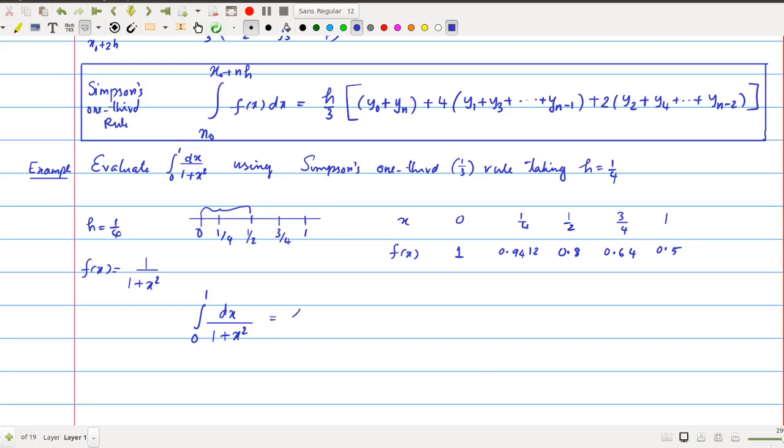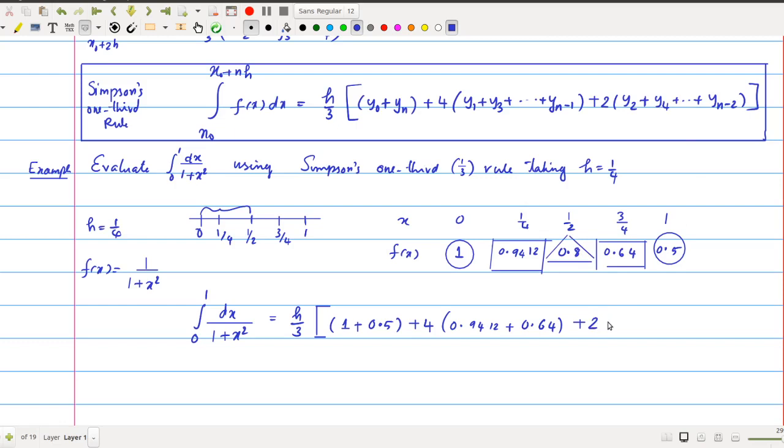That is h by 3 times, and we substitute the values here: y0 is 1 plus the last one, yn, that is 0.5, plus 4 times the odd suffixes, that is this one and this one, 4 times 0.9412 plus 0.64, plus 2 times the even suffixes, that is this one, 0.8. So 2 times 0.8. These are the values.